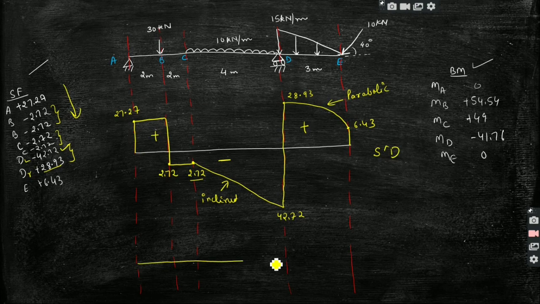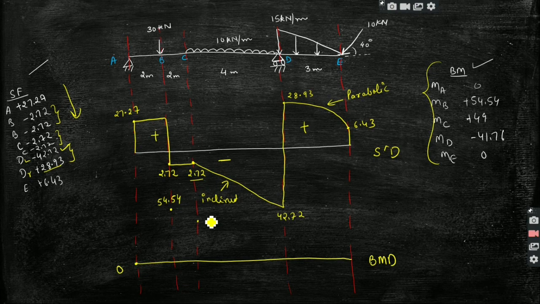Now I am plotting the bending moment diagram. So now we will look at these values. So moment at A was 0, at B it was positive 54.54. So I will draw it below B, 54.54. At C it was approximately 49.